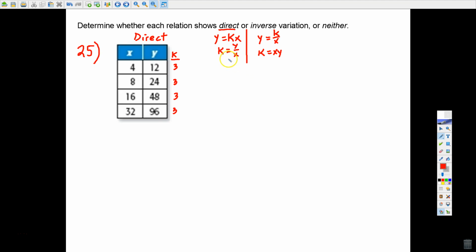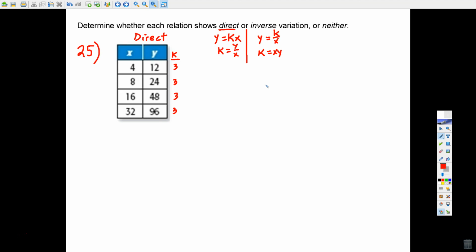So look at how k is arrived at. Are you multiplying x and y together and getting the same result? If you are, then you've got inverse variation. Are you dividing y over x to get the same result every time? If that happens, then you've got direct. If you can't do either one and get the same result for k every time, then you've got neither direct or inverse.